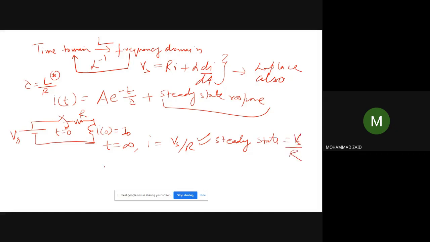So that means you can write down i(t) is equal to, A is a constant.